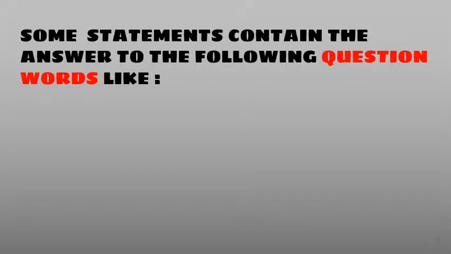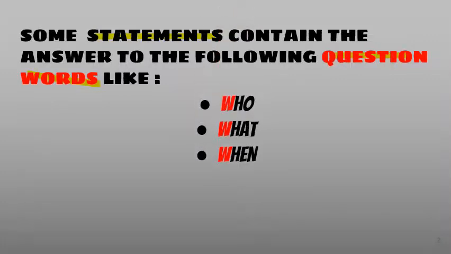Sometimes we are going to get a statement that is going to contain a specific answer to question words. In other words, my statement will either tell me who was doing something, or what was happening, or when did it happen, or where did it happen, or the reason for why, and also linking to that would be how.